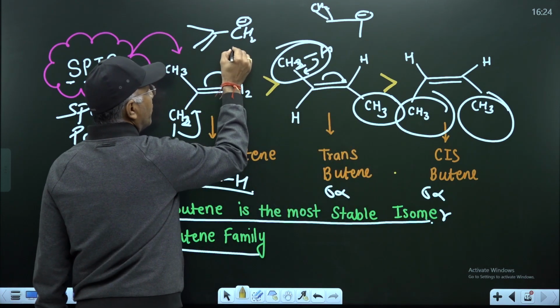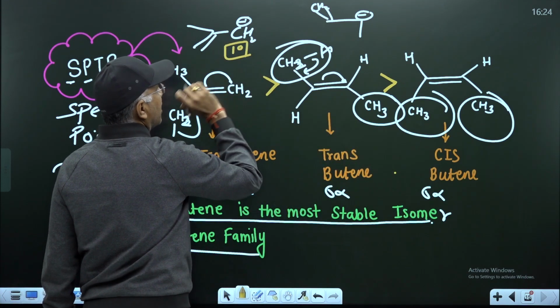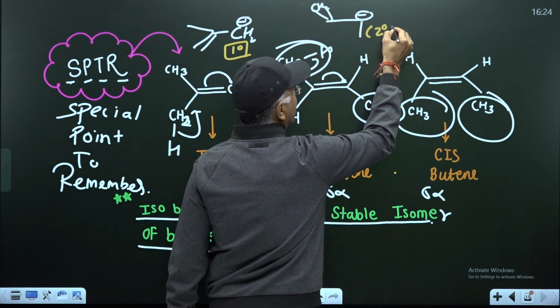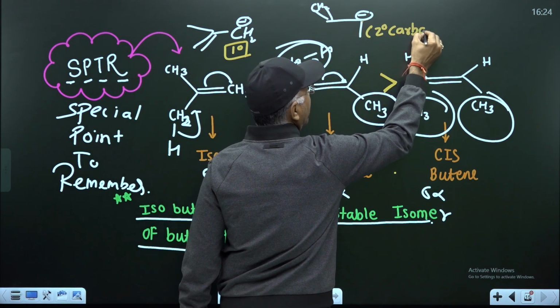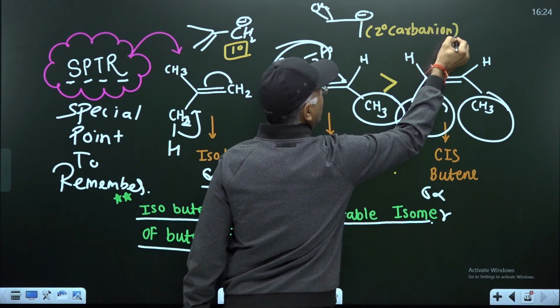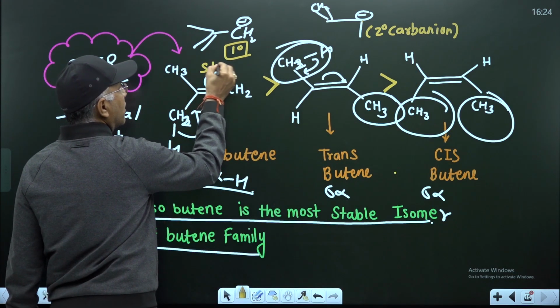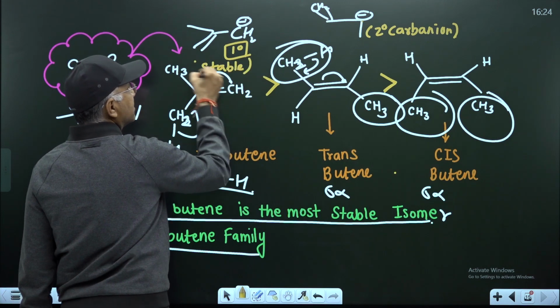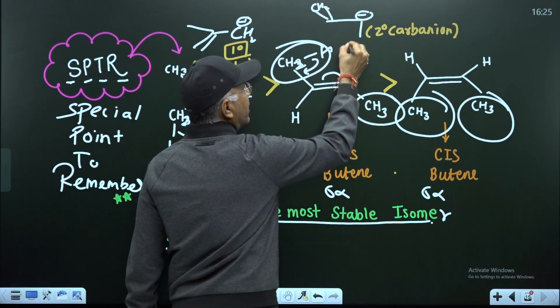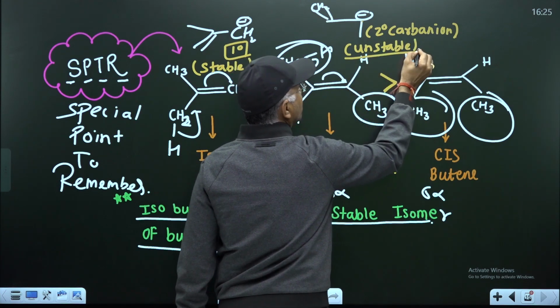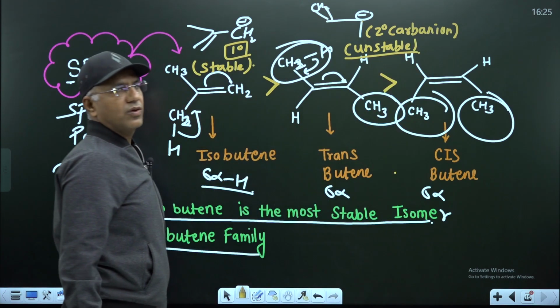In case of isobutene, these hyperconjugating structures are of 1 degree carbocation, and in case of trans 2-butene, the hyperconjugating structures are of 2 degree carbocation. So which is more stable? 1 degree is the more stable hyperconjugating structure. 2 degree is our unstable hyperconjugating structure. Got it?